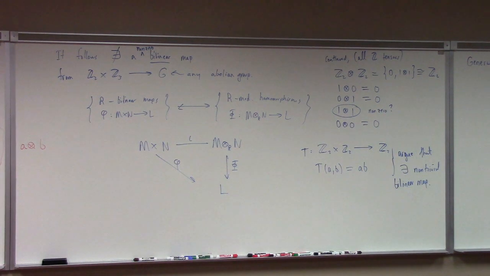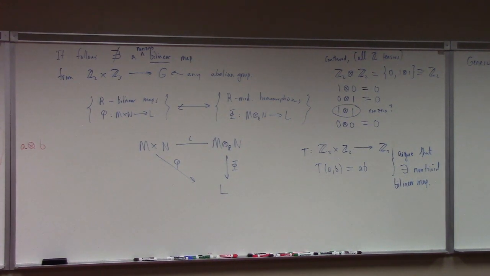So if you did 1 tensor 1, and then multiplied them, is it doing the tensor of those things again, or is it something else, like actually multiplying them? I'm glad you asked that. That's the next section that I'm going to talk about. So your question is, can you multiply two tensor products together?